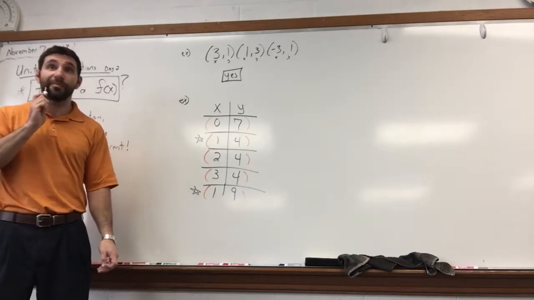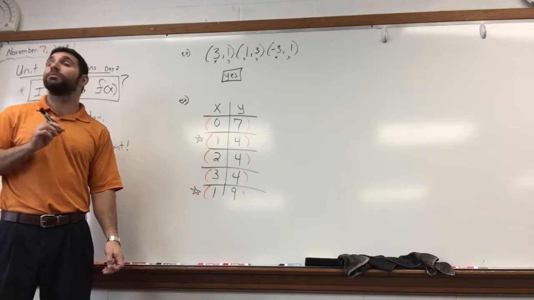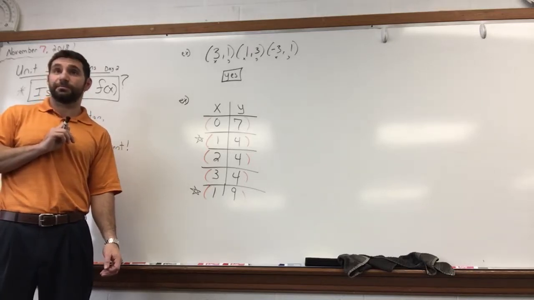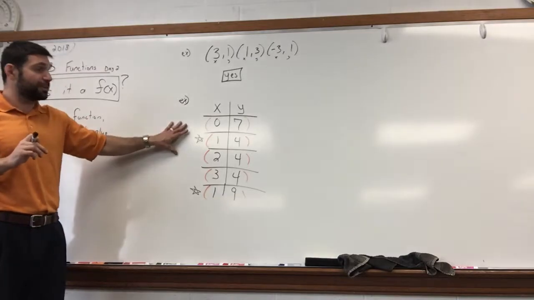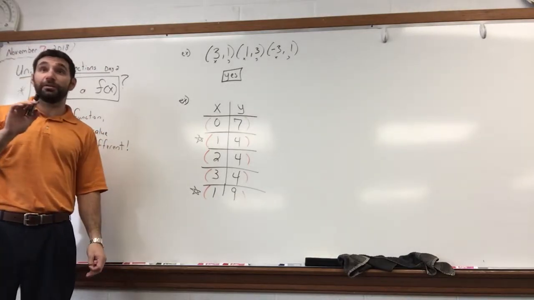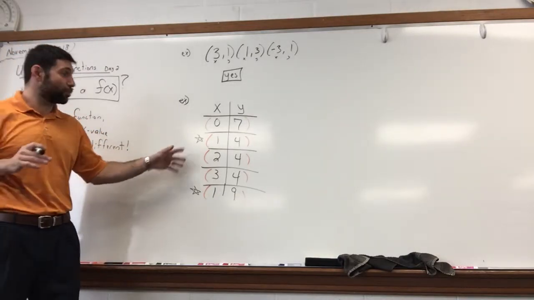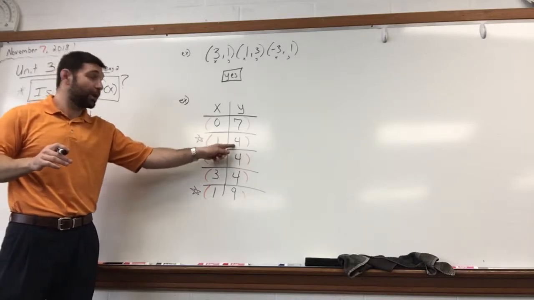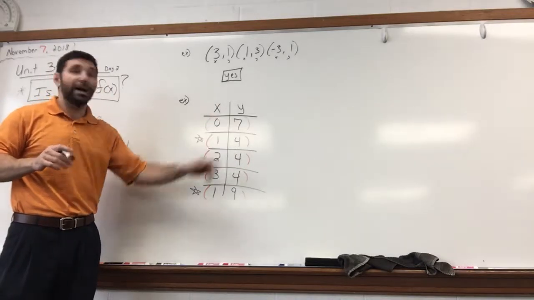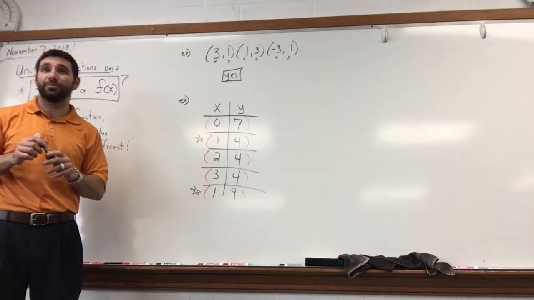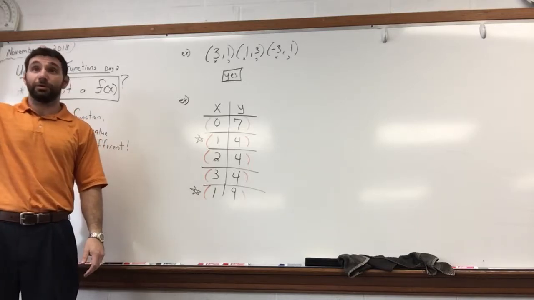Isabel: What do you mean when we don't count the y's? So for it to be a function, each x has to have its own y value. So 1 has its own y value of 4. Y's can repeat as many times as we want because the graph will still work.